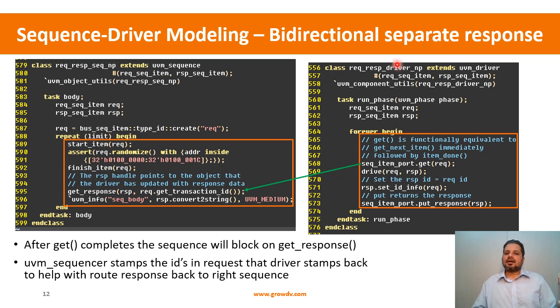Whereas the driver will get the valid request which is randomized, and it will proceed to drive, right? And in the drive, whatever the driving part does, it does whatever additional processing is needed to form the response there itself, or there could be another task that forms the response after the drive.